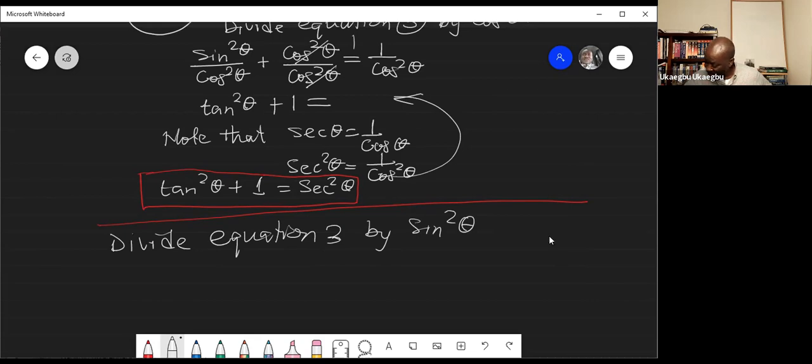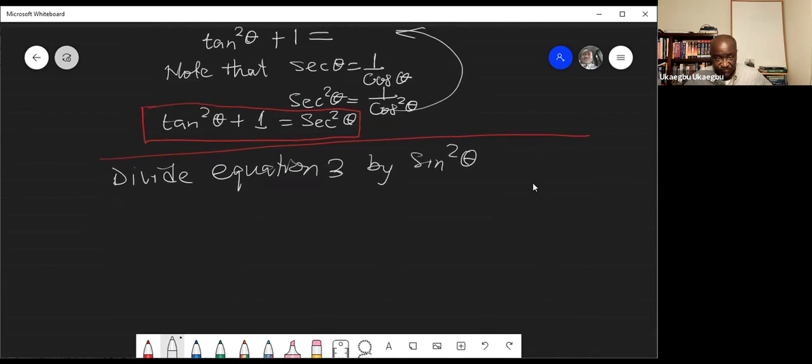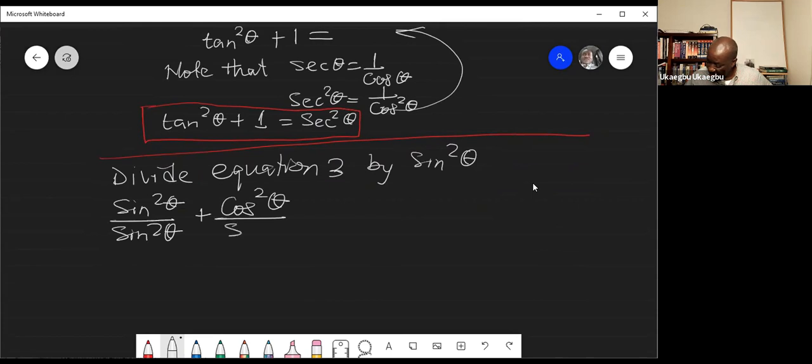Okay, so if we perform that division, that's going to give us sine square theta divided by sine square theta plus cos square theta divided by sine square theta equal to 1 divided by sine square theta.